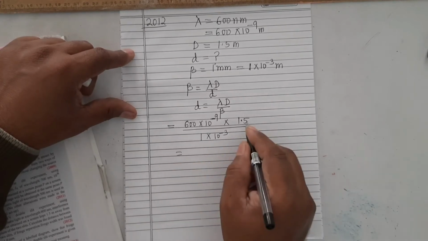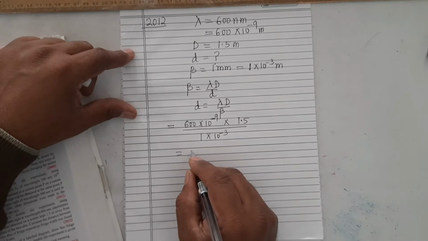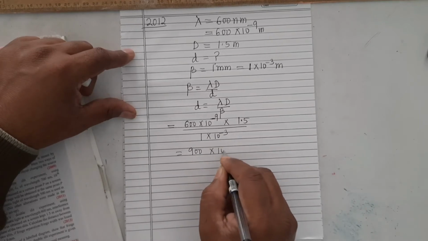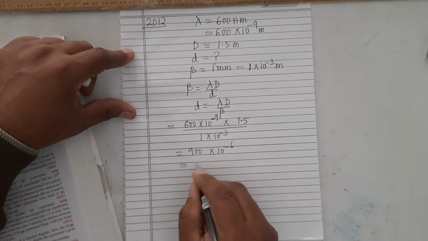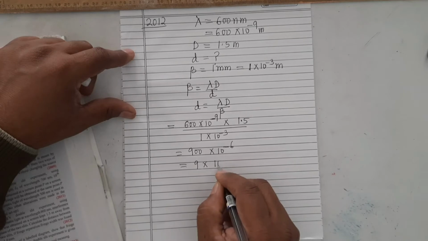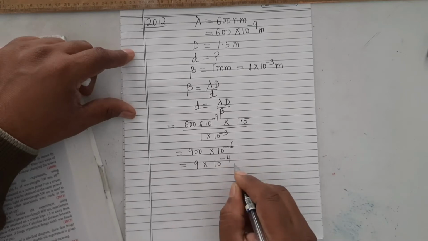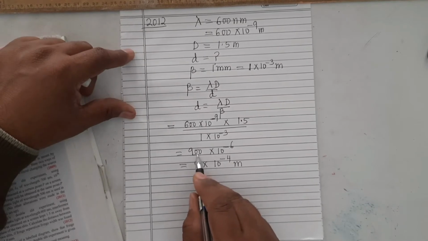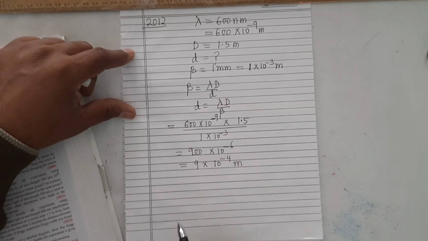So see here, 15 6 ja 90. So it is 900 into 10 to the power minus 6, that is 9 into 10 to the power minus 4 meter. 900 is 9 into 10 to the power 2, so make it 10 to the power minus 4.